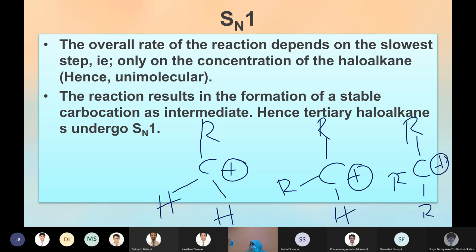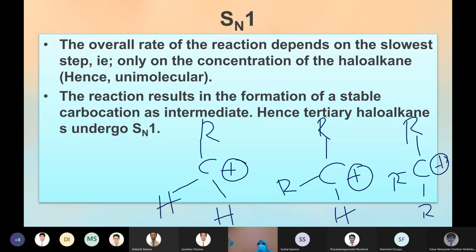The reaction is proceeding through the formation of carbocation because in the first step the bond is breaking and forming a carbocation. So you can see that in primary, secondary and tertiary, which carbocation is more stable? Primary, secondary or tertiary? Why? What is the reason, the factor affecting the stability of a carbocation?